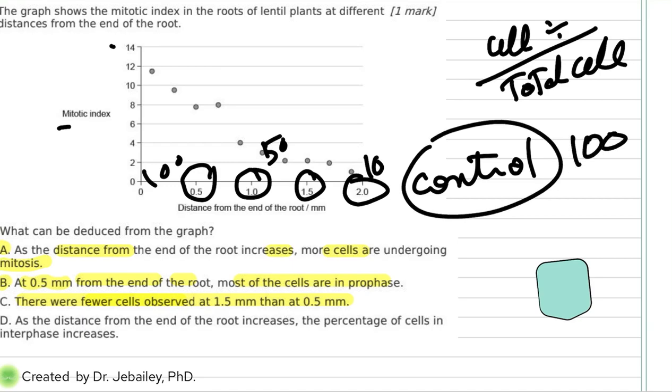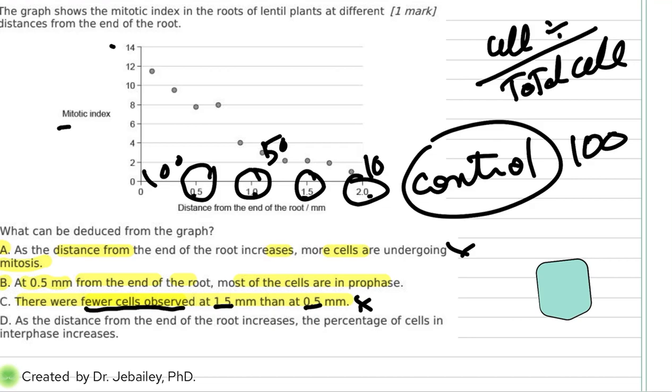If it's 100, then at all these different distances you have to count a total of 100. So you can't say fewer cells were observed at 1.5 compared to this, because then you do not control your experiment. So these two are out of the way.